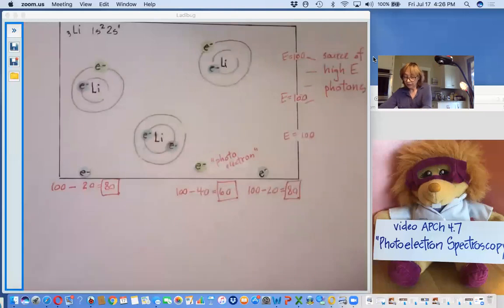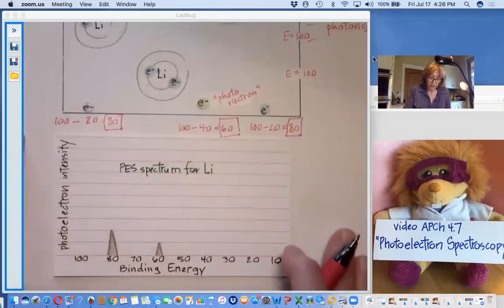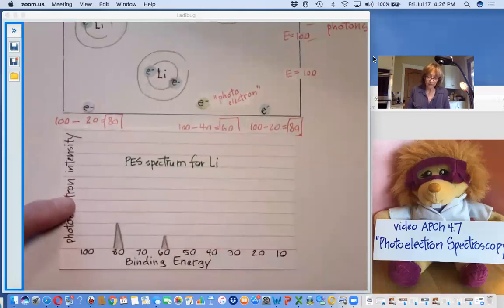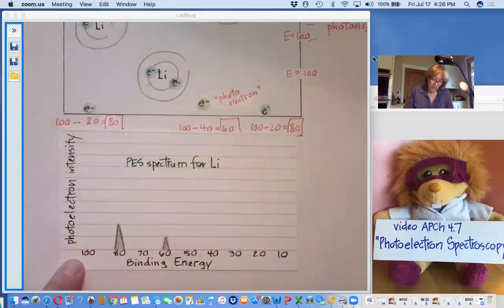Okay, now this is what the spectrum generated by the machine will look like. This is a PES spectrum for this element, lithium. It shows us two peaks.